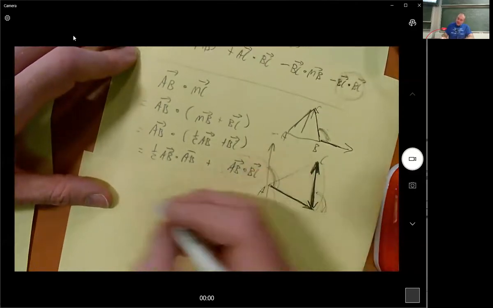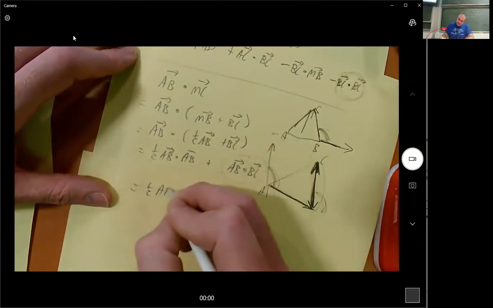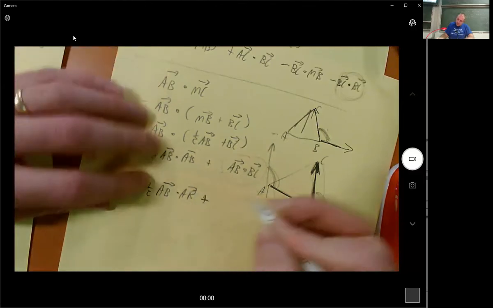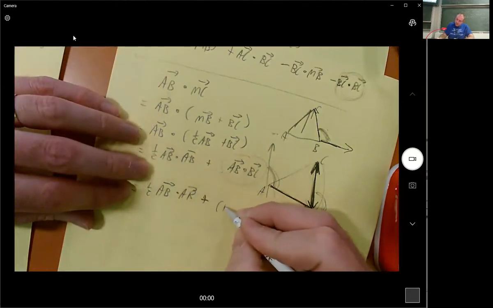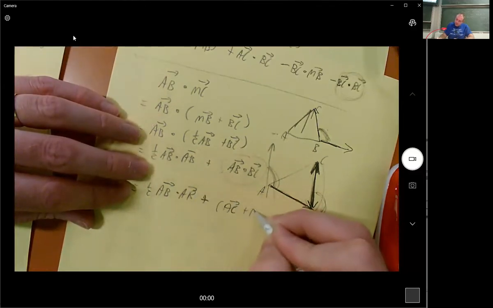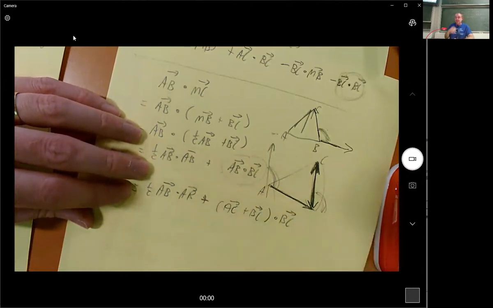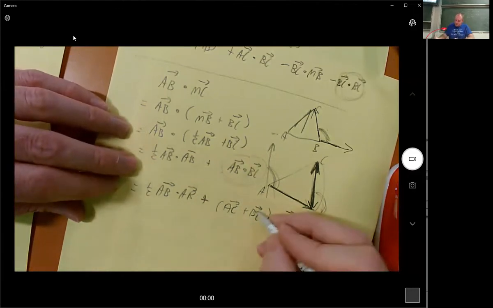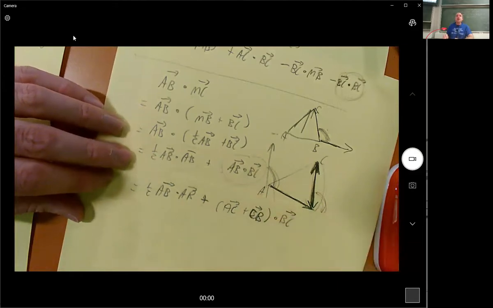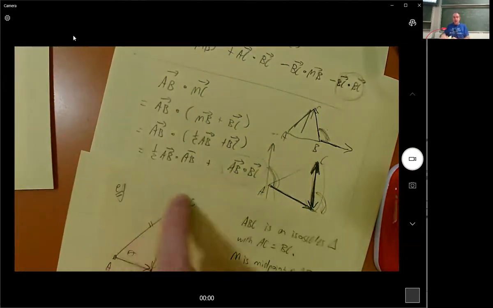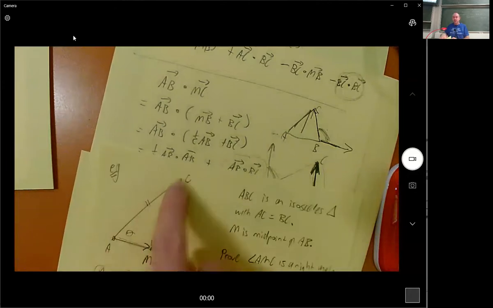But AB dot BC is AC plus CB dot BC, because to get from A to B is to go round this way. From AC to CB is the same as going from A to B. There's all journeys.